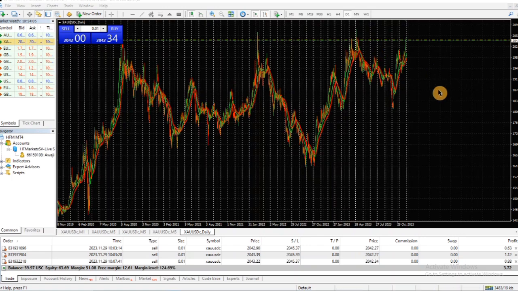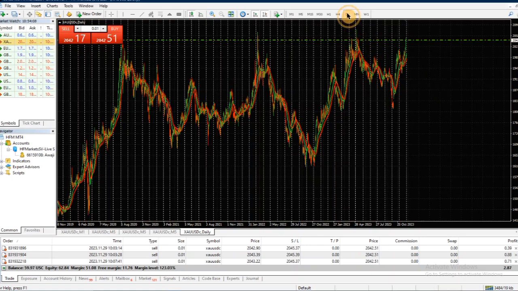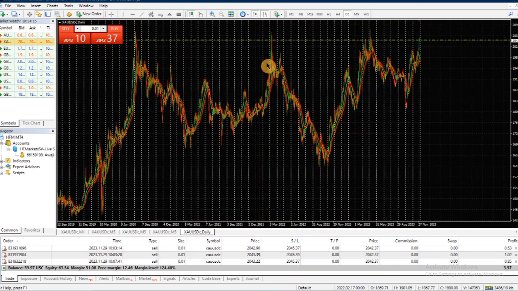Looking at the big picture, this is on the daily time frame. Here on the daily, if you take a good look at the chart, you can see that we are at a strong resistance level.